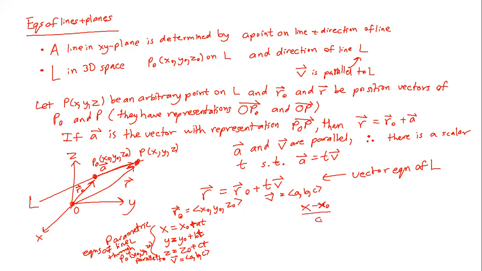So if we solve for t in the first equation and say all the t's are equal, then y minus y0 over b is also equal, and for the second equation, equals z minus z0 over c.